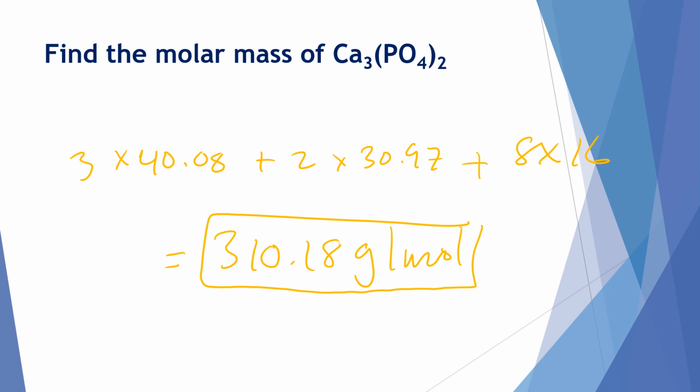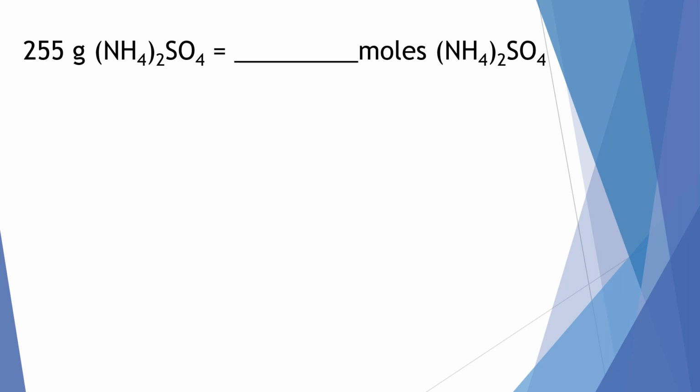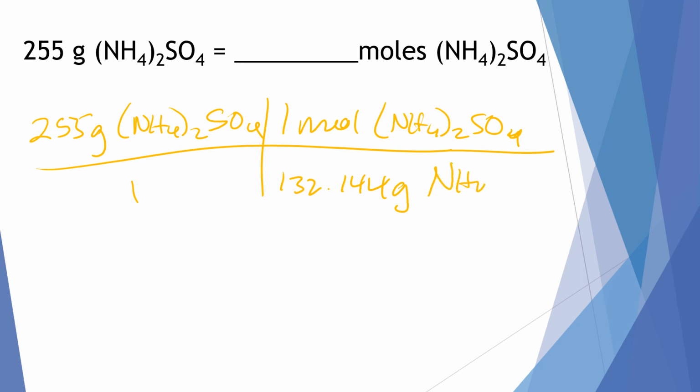So how are we going to use these numbers? Well, once you have that, you can use it kind of like how we did before. You can use it as a conversion factor. So let's say we have 255 grams of ammonium sulfate. Convert this over to moles. So in 1 mole of (NH4)2SO4, it is the molar mass of this, which is 132.144 grams of (NH4)2SO4.